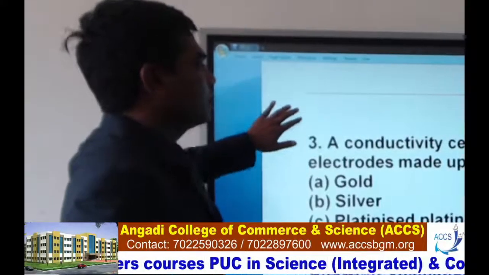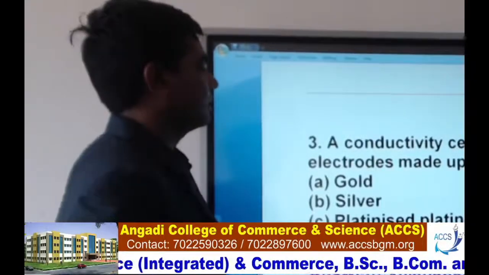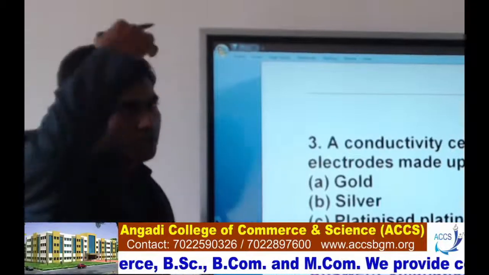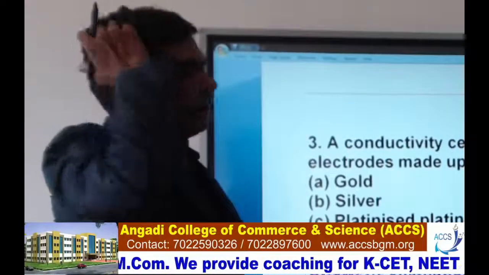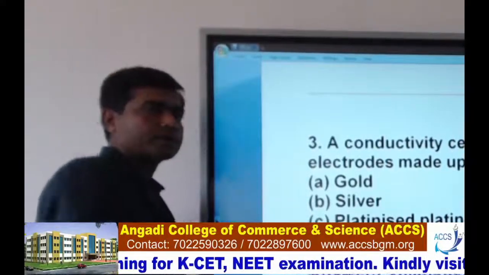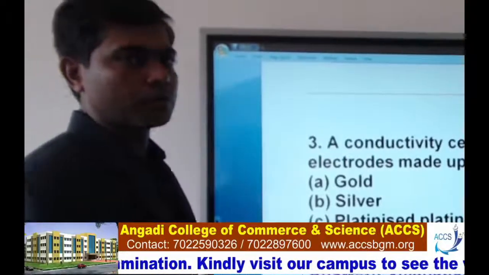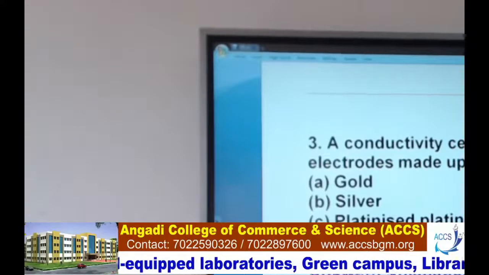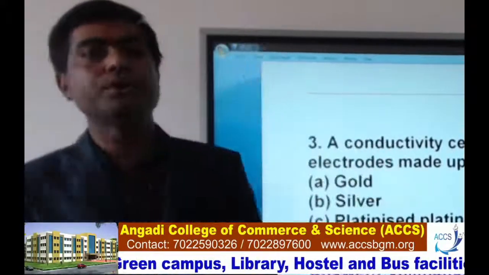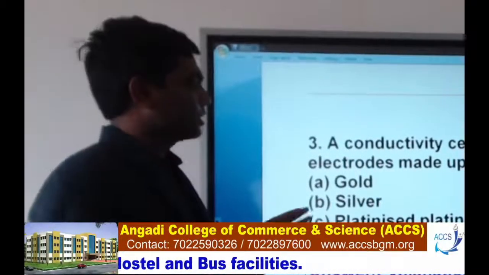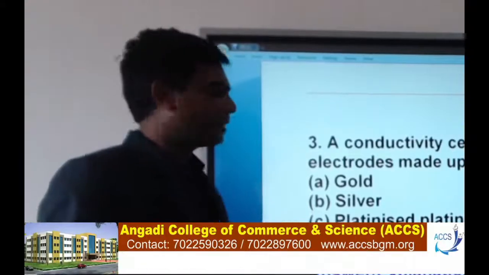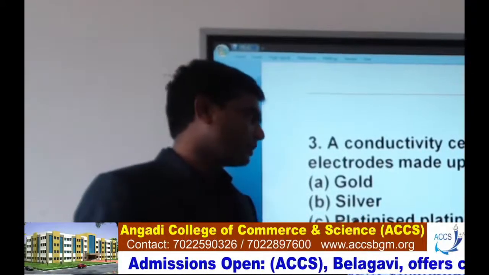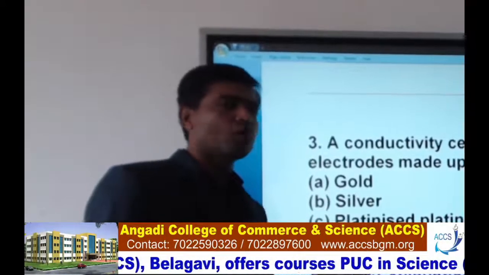A conductivity cell containing electrodes made up of... all of you know that in our electrolysis process we are using electrodes. Okay, for different electrolysis we are using different electrodes, but commonly we use one electrode. So he is asking which metal it is made up of: gold, silver, platinized platinum, copper.